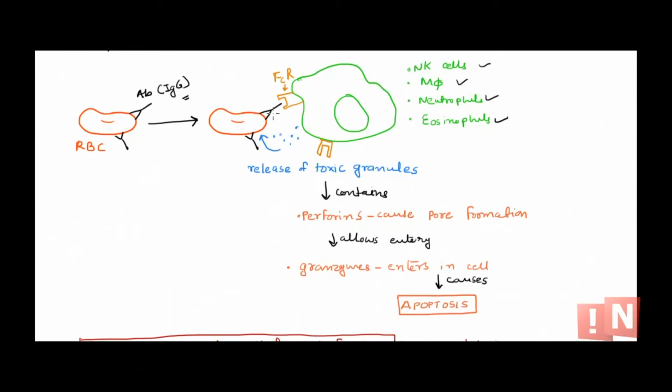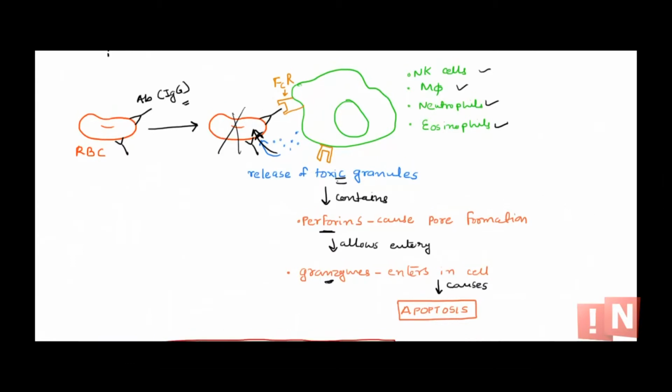This binding will result in degranulation, release of toxic granules, and these granules contain two important things. One is perforins that can cause a pore formation on the cell, and through this pore granzymes would enter the cell, causing apoptosis of the own cell.